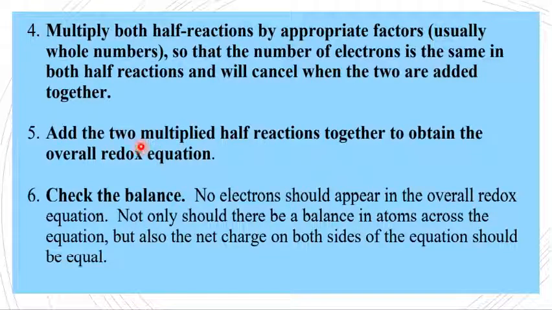And the next step, add the two multiplied half reactions together. अब इन दोनों इक्वेशंस को, ऑक्सीडेशन इक्वेशन और रिडक्शन दोनों को आपको ऐड करना है टू ऑब्टेन द ओवरऑल रिडॉक्स रिएक्शन. Last step, check the balance.